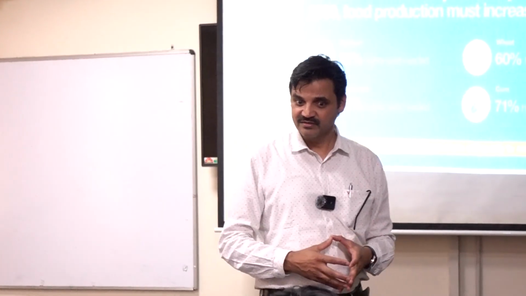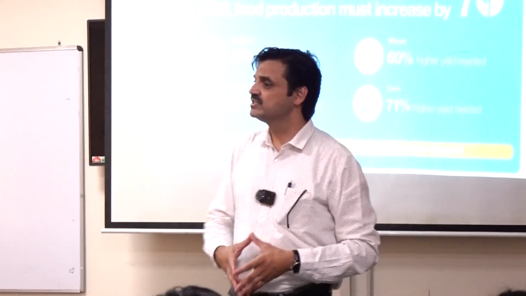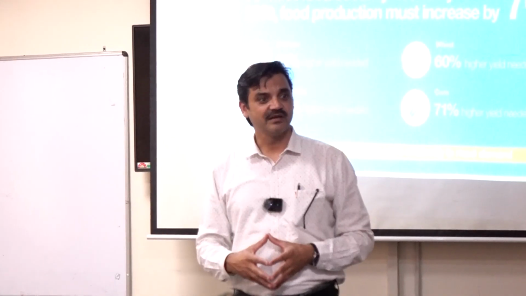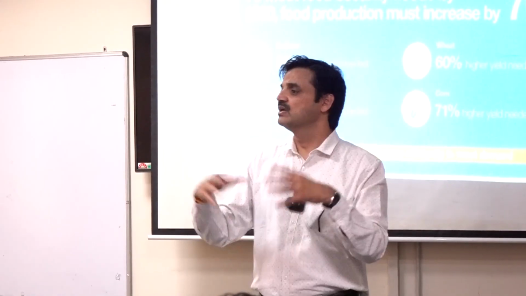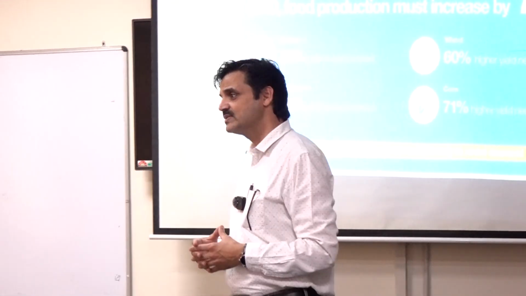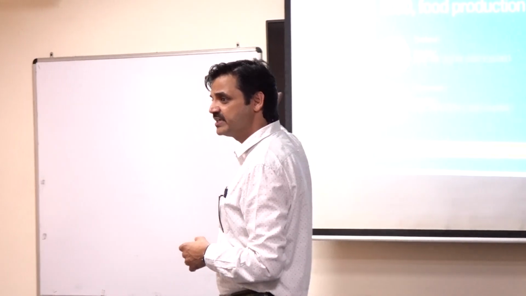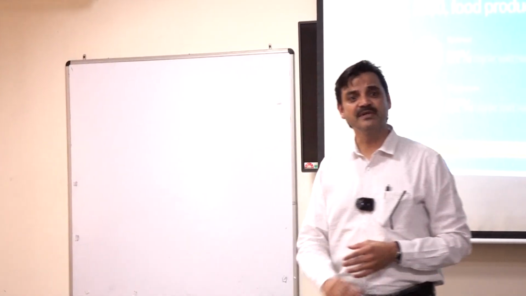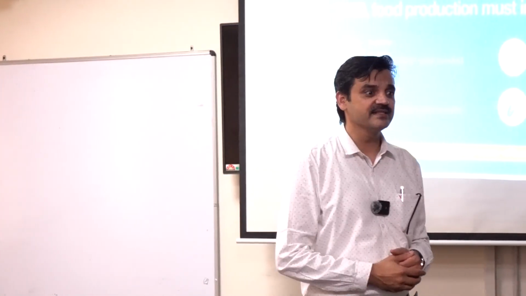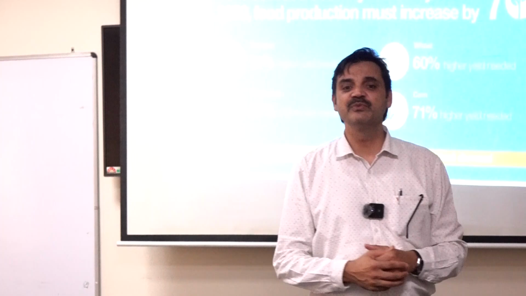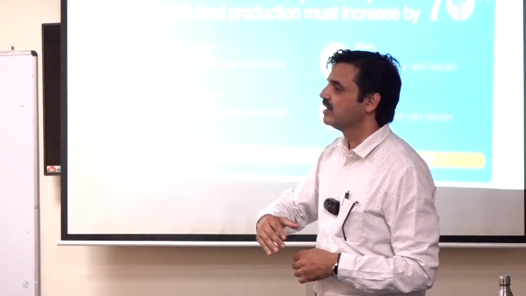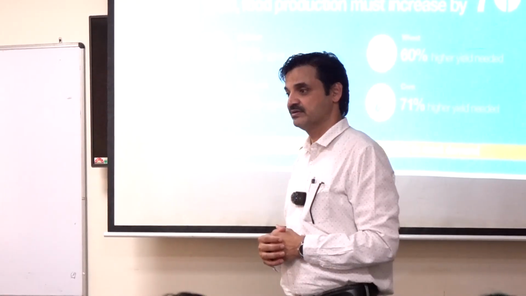They are increasing. We say that we are 140 crores, maybe 150, 160, and the global population is increasing as well, right? So this is projected data that in the coming two to three decades we would be needing a drastic jump in production.